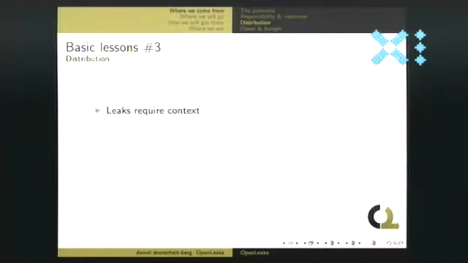The third lesson that we've learned is that all leaks require context. And this is really important to understand. If you just publish stuff on the internet, it doesn't matter. A few people might notice, probably a lot of people that would notice are in this room, but most others wouldn't. And this is something I hope everybody here will understand at some point in time.